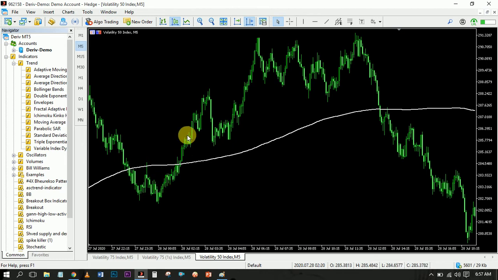So you can see the market moved this way, then moved this way, then again moved this way, then it moved this way again. You can see this is the higher high, this is the higher low, this is the higher high, and this is the higher low.